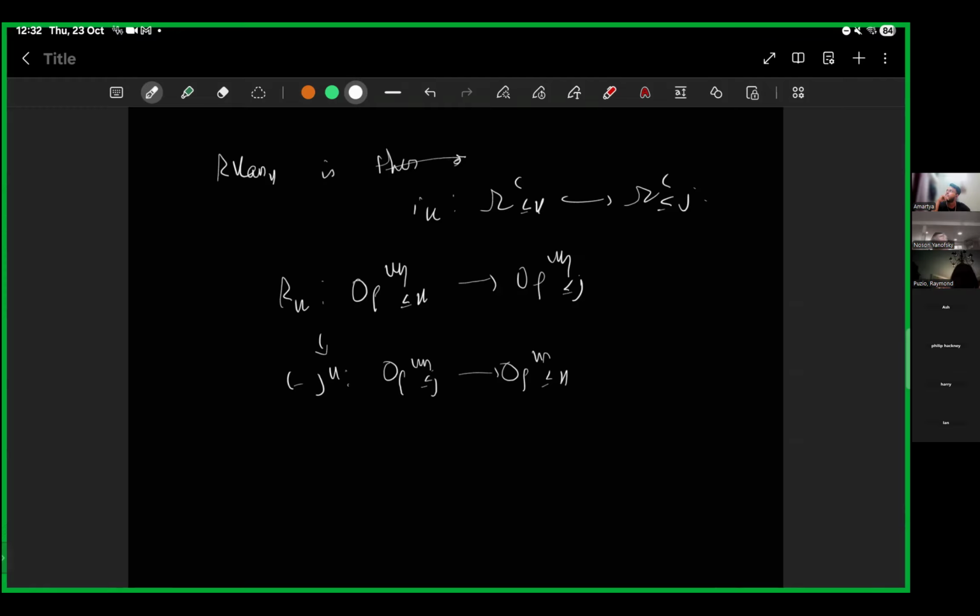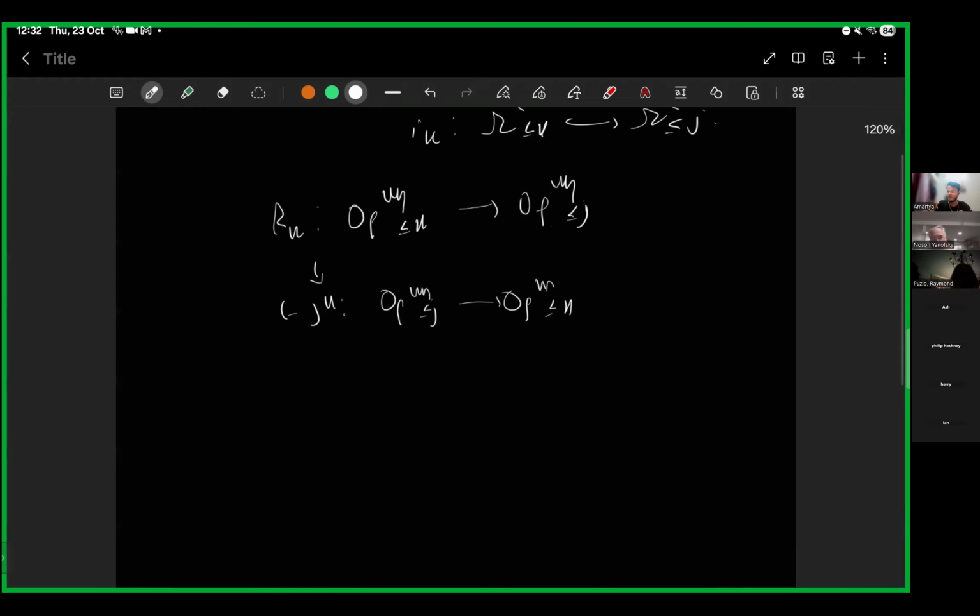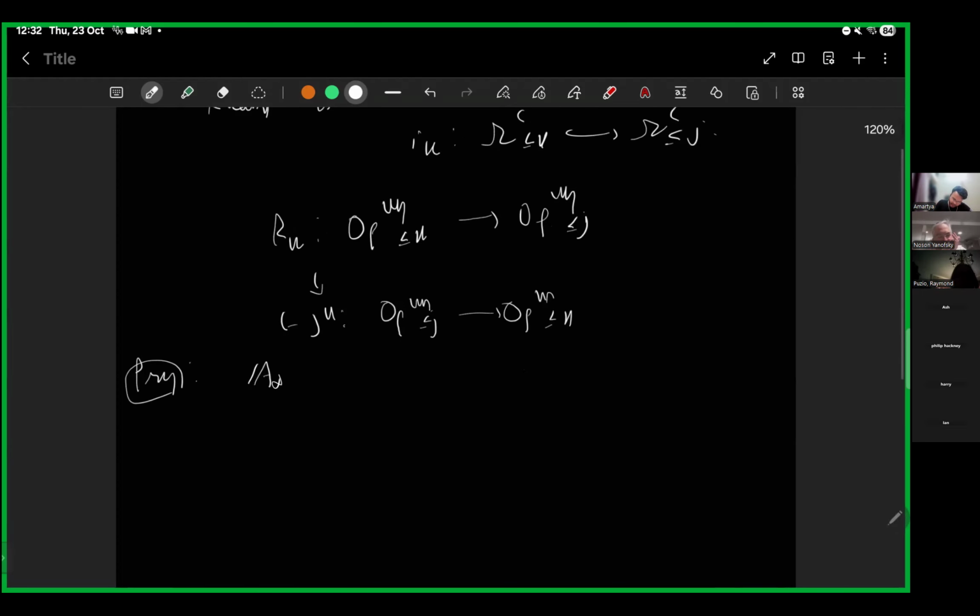I'll see if I have time for this. But anyways, just to summarize, the last thing that I'm going to write: you get a cofiltration for A infinity like this, using all these things that we've done so far.